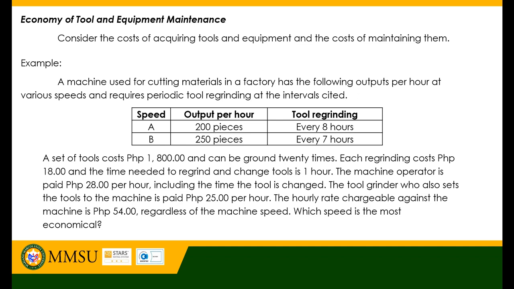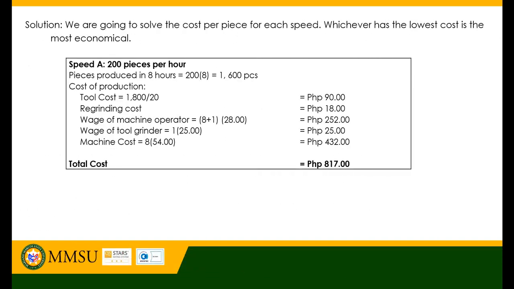So, pareha sila. Speed A and speed B, 54 pesos per hour. So, which speed is the most economical? I hope klaro tayo sa mga multiply natin dyan. Okay, so yung total cost natin is 817 pesos for speed A.